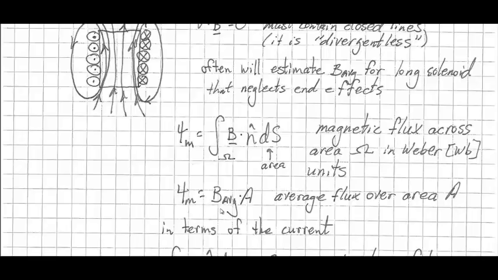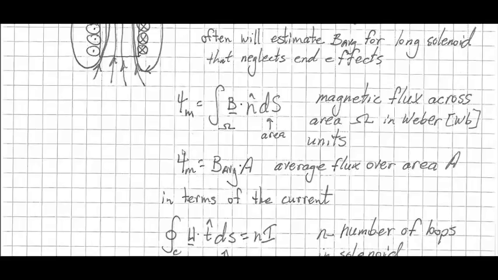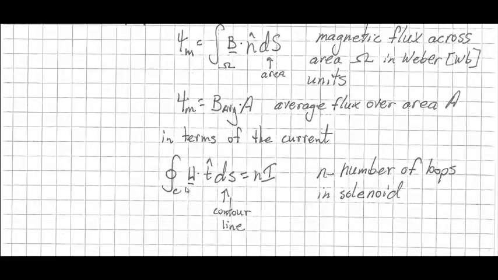And we can write that in terms of this average flux by this potential. So we often will compare that with our magnetic field. And so you can make the connection here with the number of loops, so you get the strength of that magnetic field.